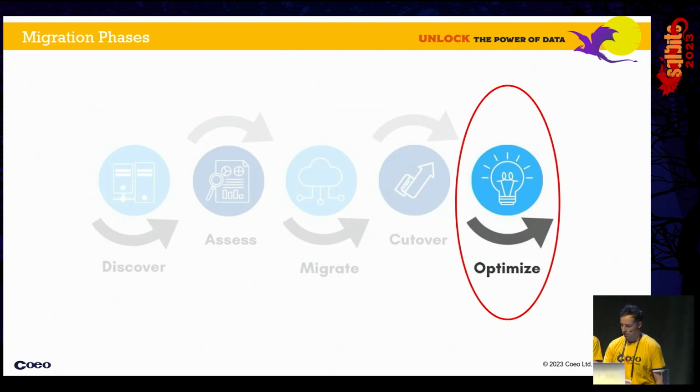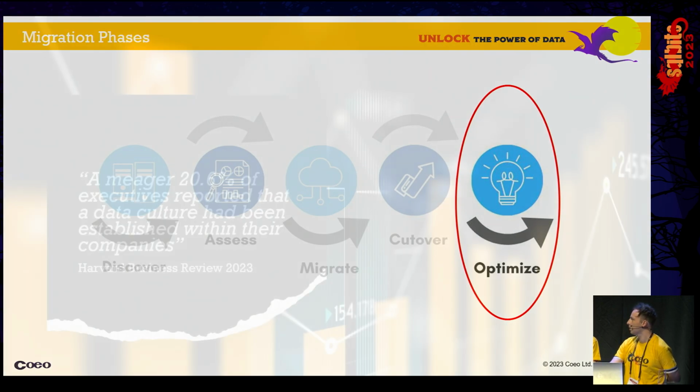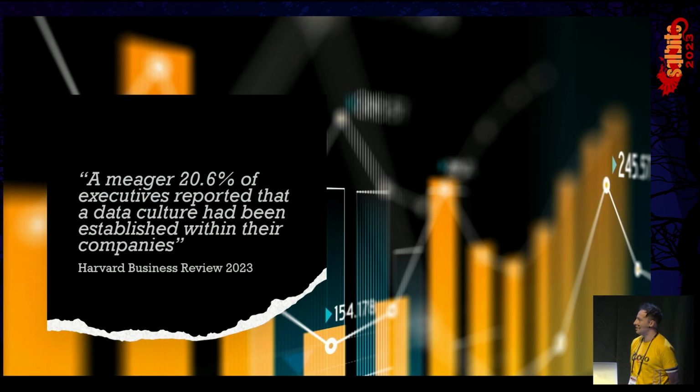We're focusing on the optimize phase when talking about Power BI, right at the end there. We've got a statistic on screen from Harvard Business Review, which highlights why this sometimes doesn't happen: often your Power BI estate is developed and then neglected a bit.